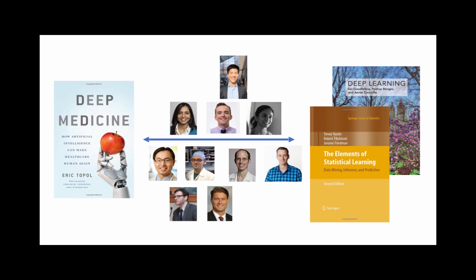And this is Jeff Dean from Google, and every single one of these people is someone who has worked with us within the AI Sinai group on a project that spanned from the more technical to the more clinician-driven. And over here, I have this Deep Medicine book from Eric Topol, who, if you don't know, you should probably follow on Twitter, or at least get to know a little bit. It's worth reading the book as well.